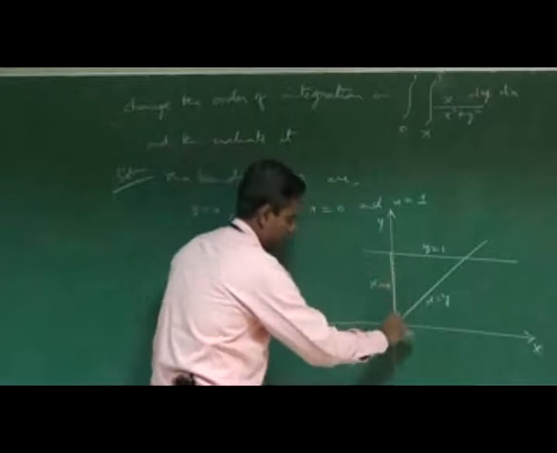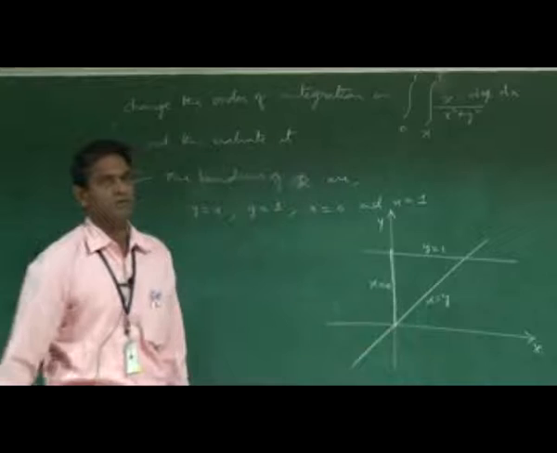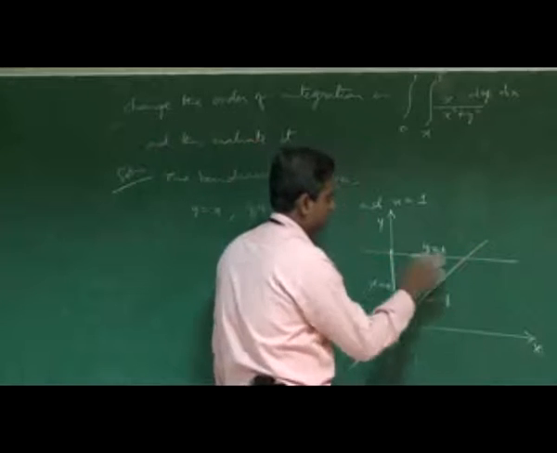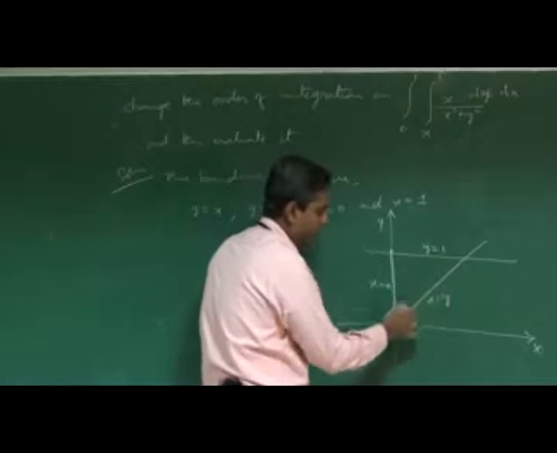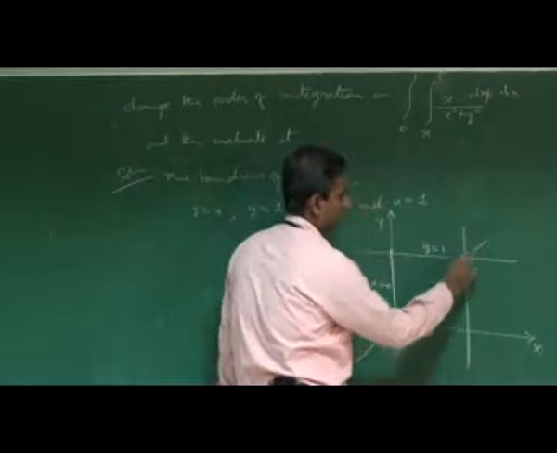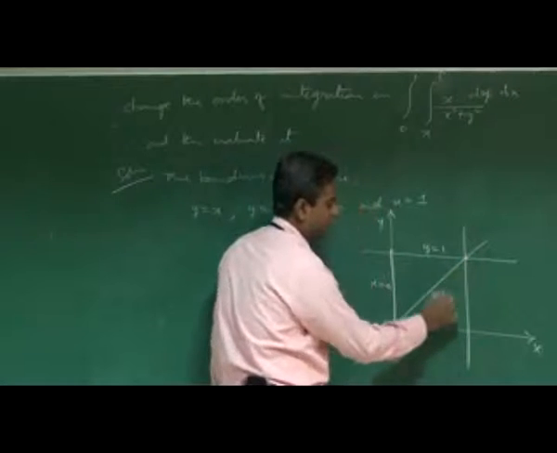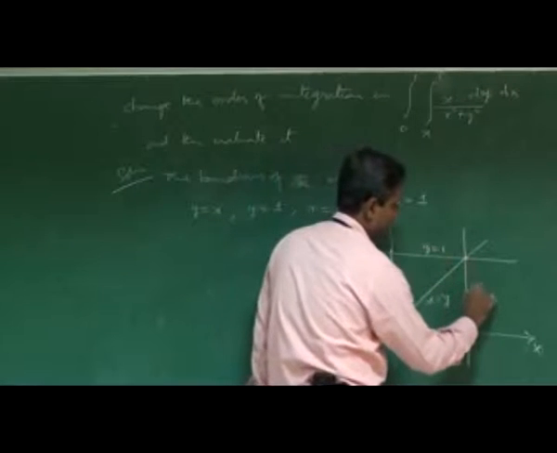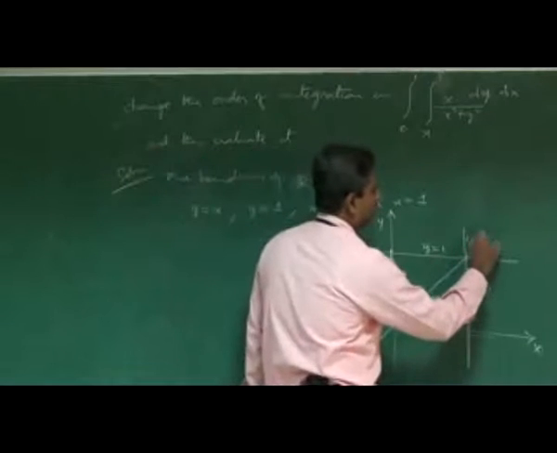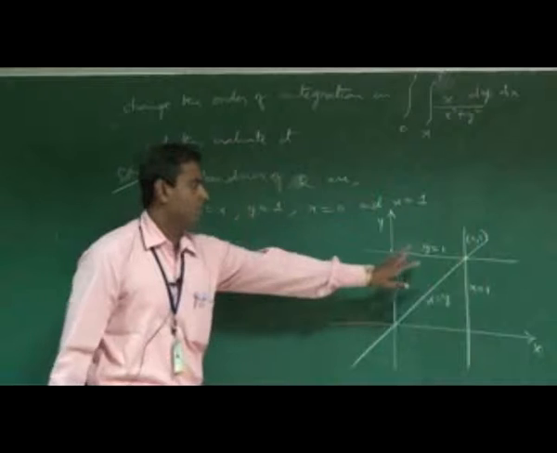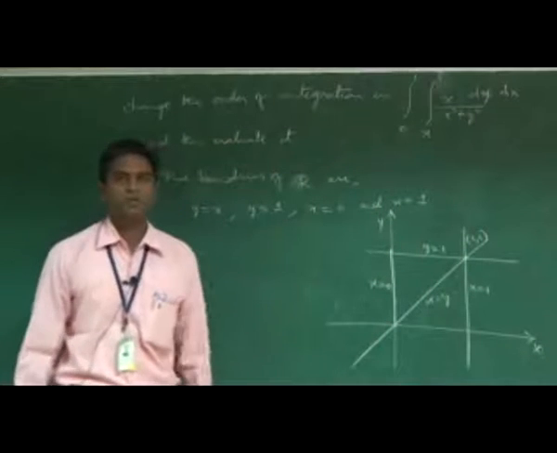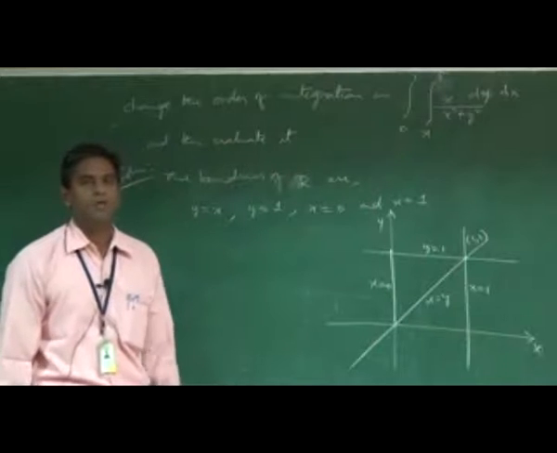And x equal to 1 is parallel to the y axis, and it meets the line x equal to y and y equal to 1 here. So the intersecting point we have got is 1 comma 1. Otherwise we solve the line y equal to x and the line x equal to 1, and we get the point 1 comma 1.